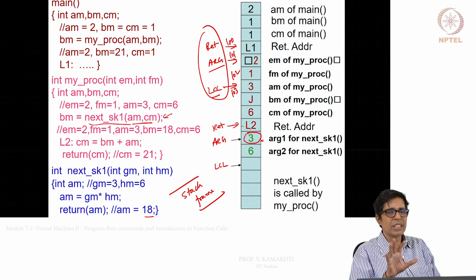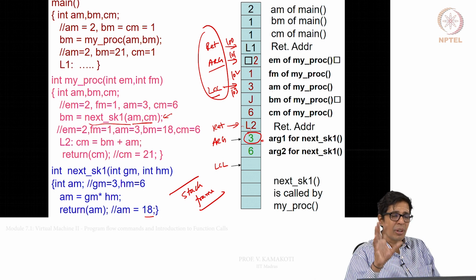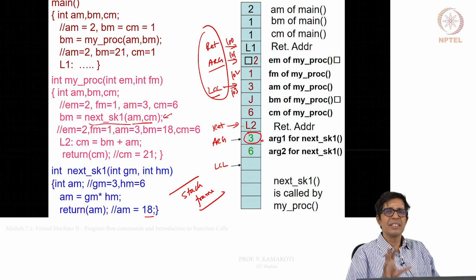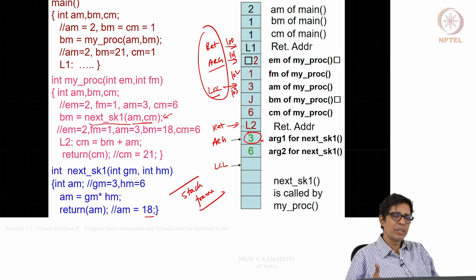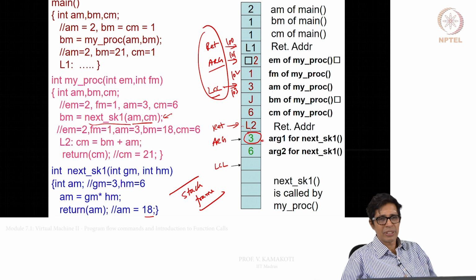So this is how function calls work, and function calls use the stack. The stack is used by function calls to allocate memory for all their local variables, and for the return address. When something happens, it happens on the stack, and when the function completes its execution, it goes back to the calling function.